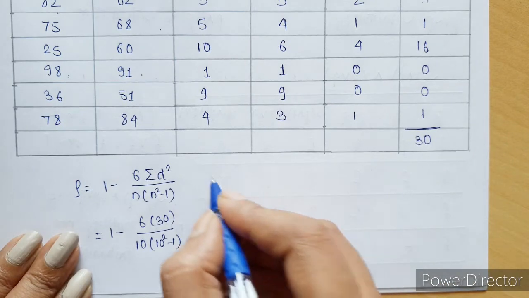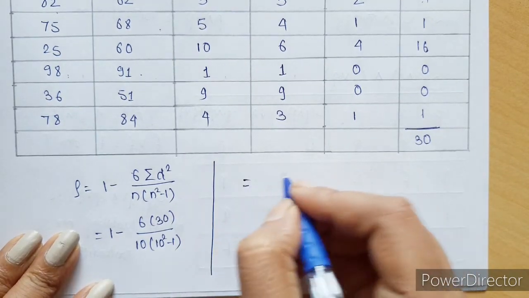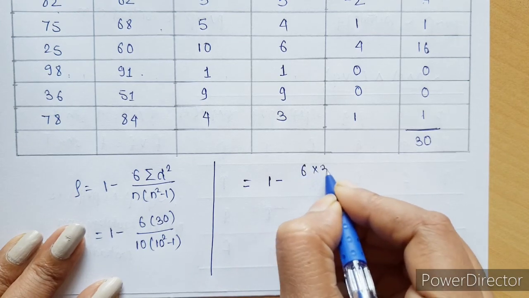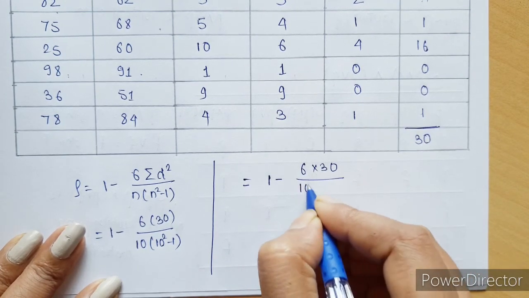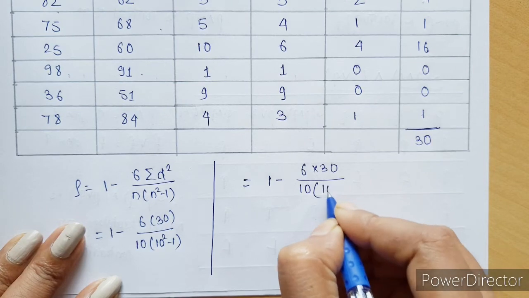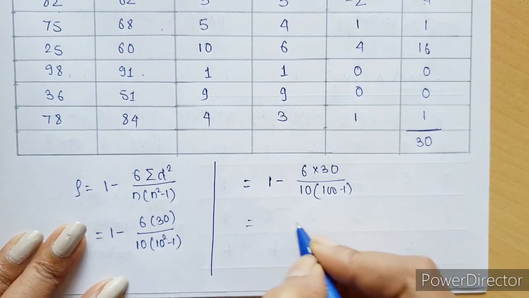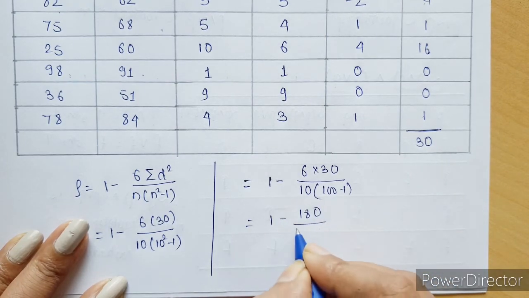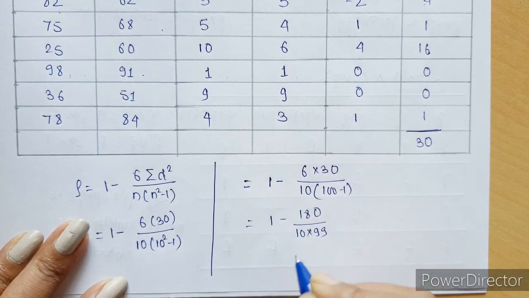Okay, I am writing it here. This will be 1 minus 6 into 30 upon 10 into 100 minus 1. So this will be 180 upon 10 into 99.